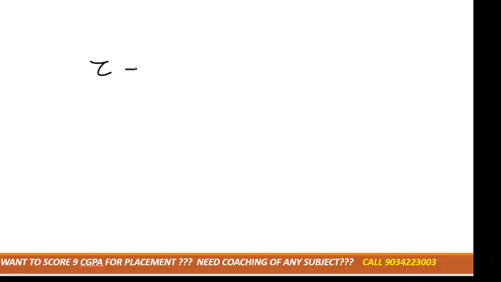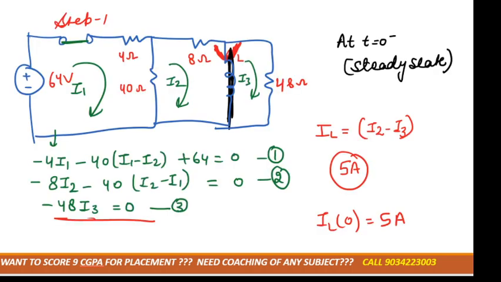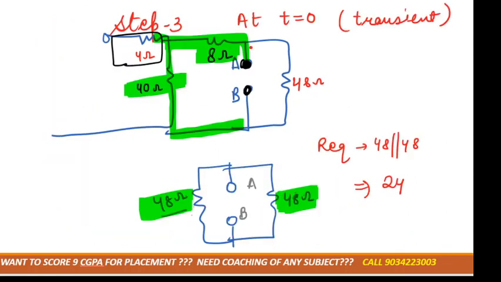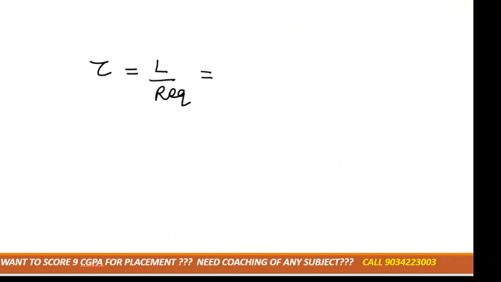Next we need to calculate tau. Tau is L by R equivalent. L is how much? L was 8, and R equivalent we got as 24. So tau is 1 by 3 seconds.